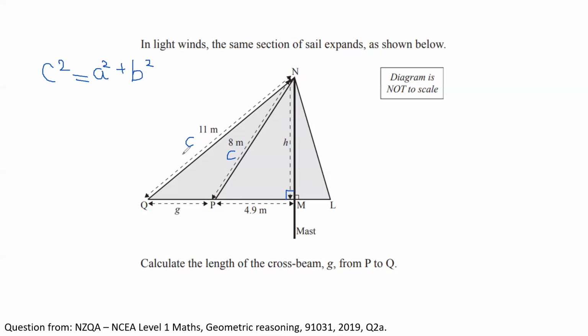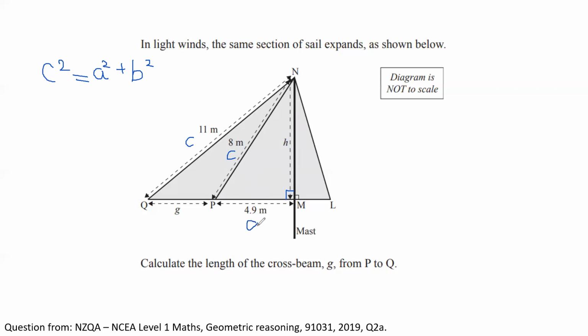For the larger triangle, we've got an unknown here and an unknown here. We don't know what this length is, and we don't know what this length is. So there's not a huge amount we can do with that until we've worked out at least one of the side lengths that are currently unknown. But for this slightly smaller triangle, N to P to M, we have got two of the side lengths known.